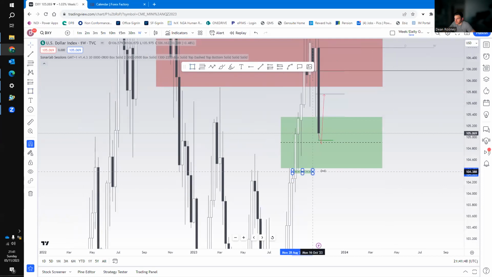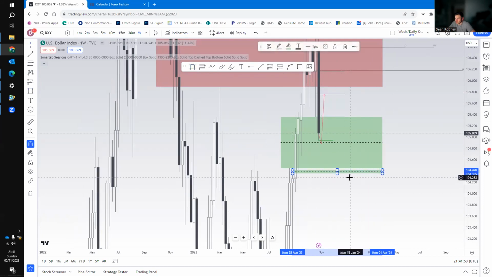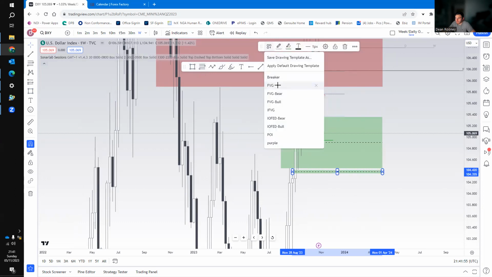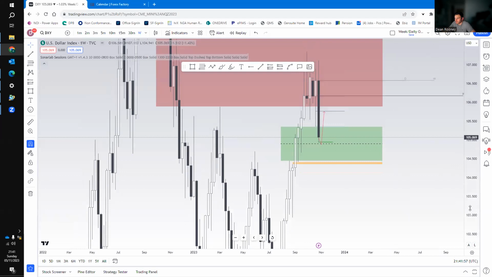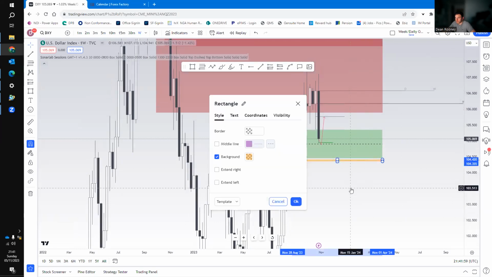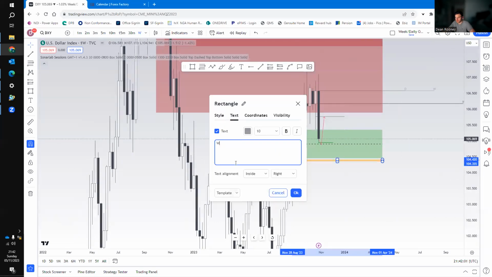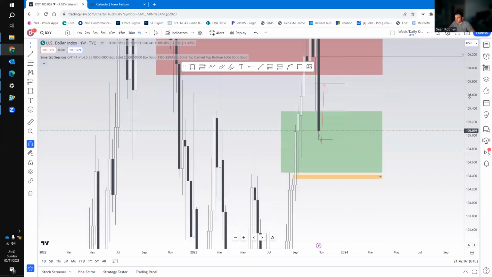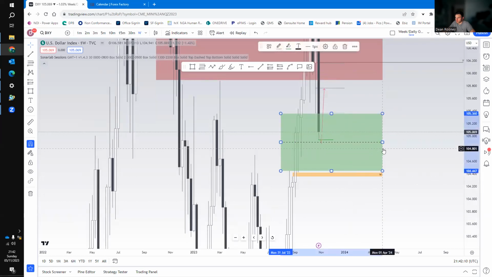And in actual fact, that's quite interesting, that one. We'll make that there. So that's a weekly. Text. Black. That. This is monthly.